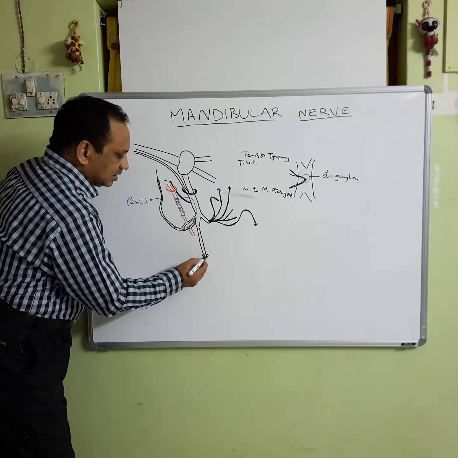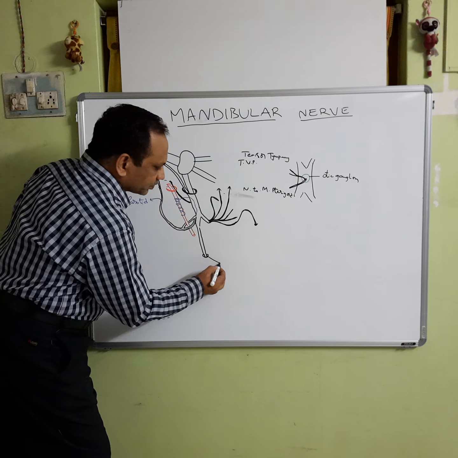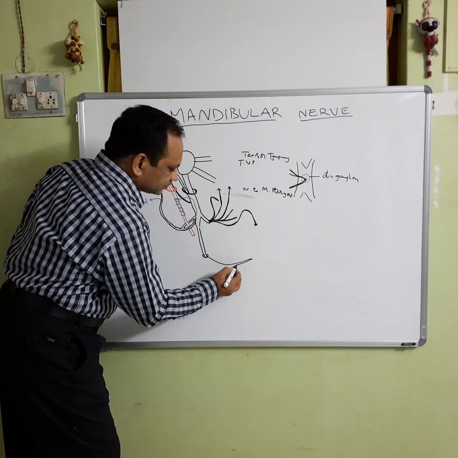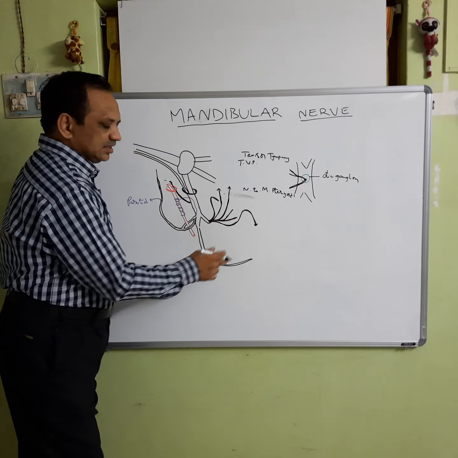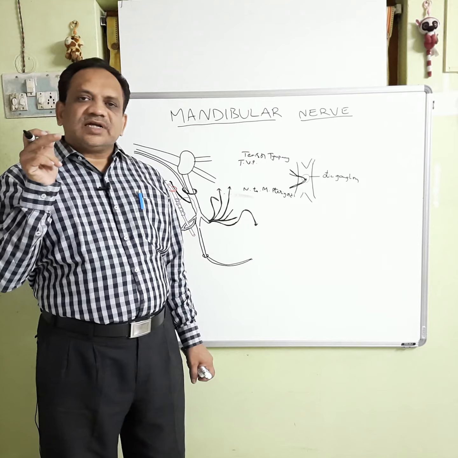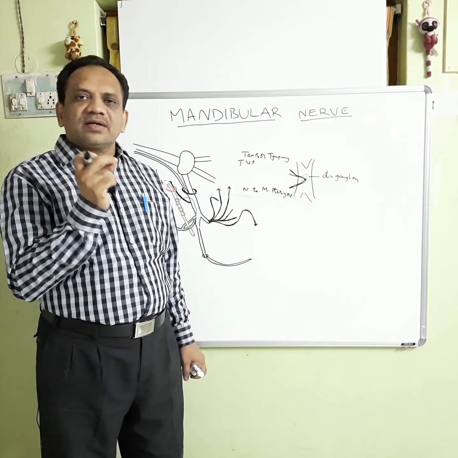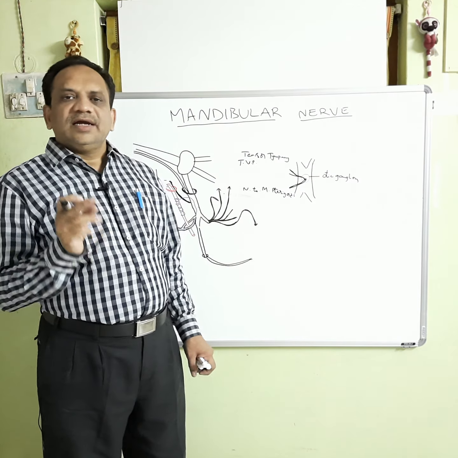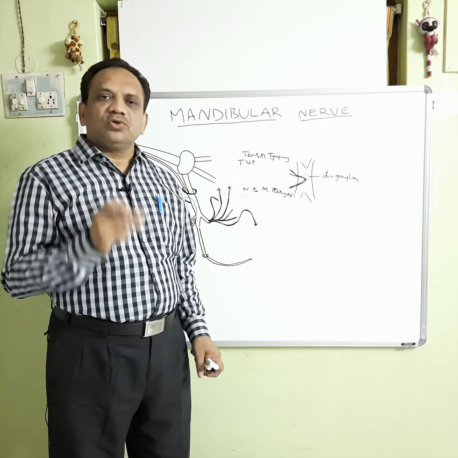Then it runs forward in the same canal, and at the junction of the dental canal with the mandibular mental canal, it divides into two branches.